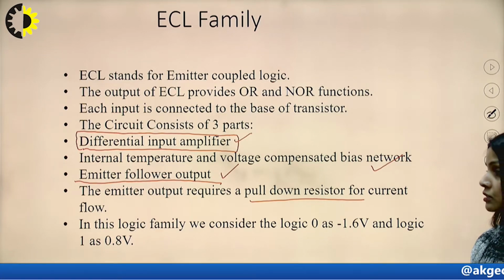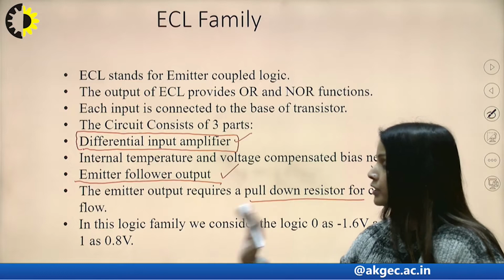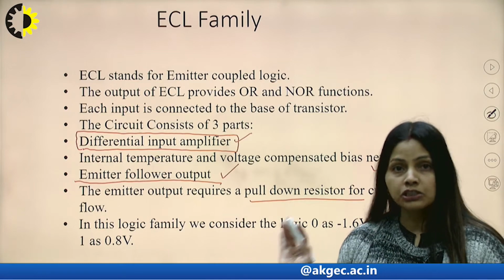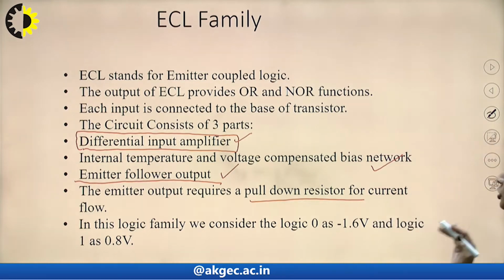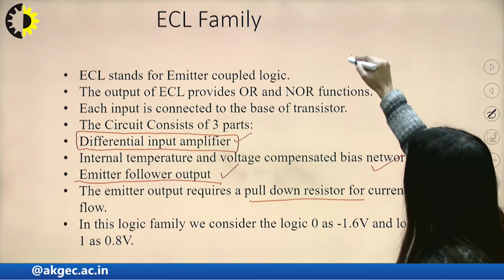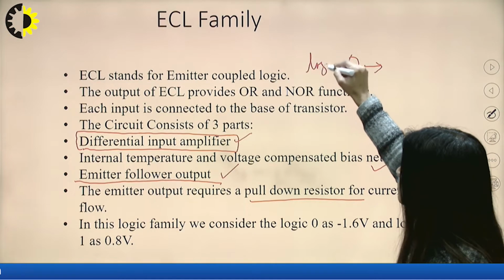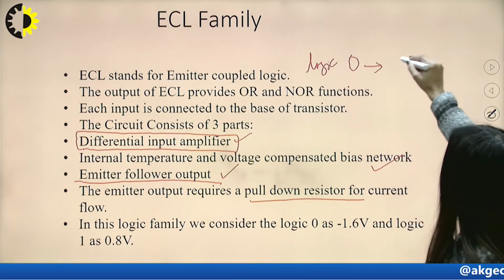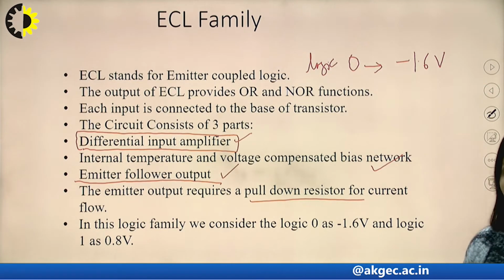Another, and the most important part, is what is considered as logic 0 and what is considered as logic 1 for the ECL family. For logic 0, we will take minus 1.6 volt as voltage.